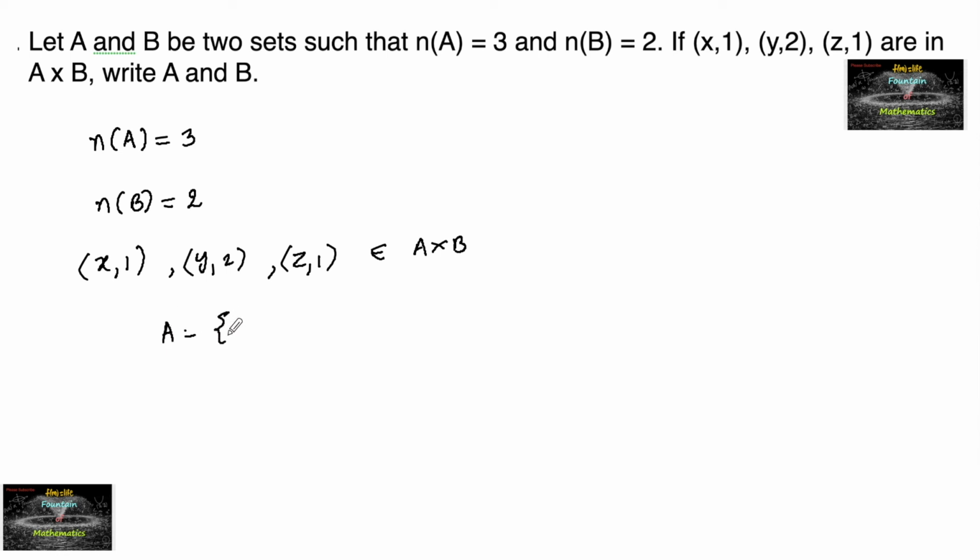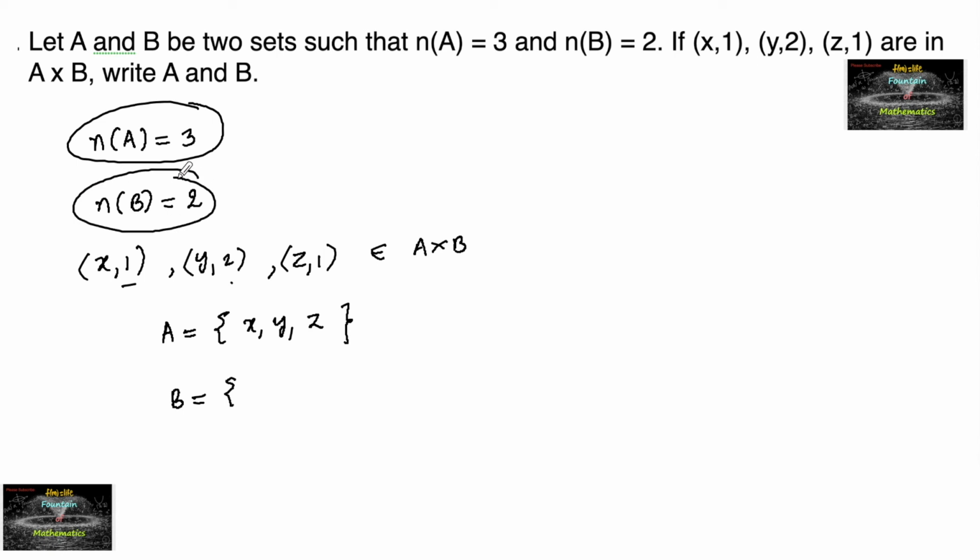So we can write the elements of A can be taken x, y, z, and also it is given that the number of elements in set A is 3, so these are the only possibilities. So A is equal to {x, y, z}, the first element, and coming to the second element we consider the set B, and the second set contains two elements.